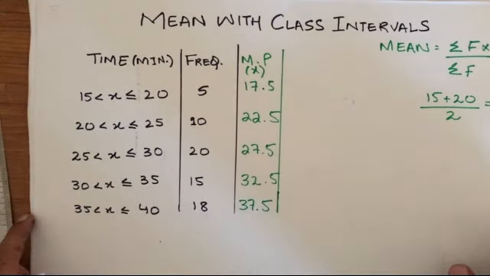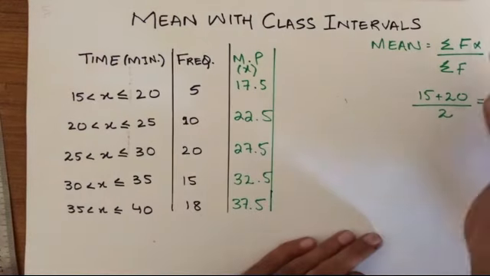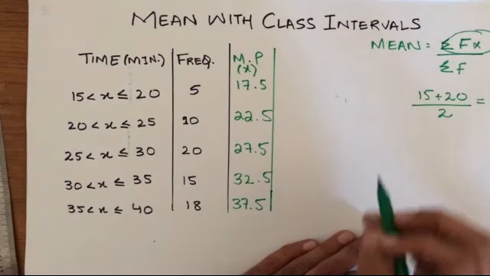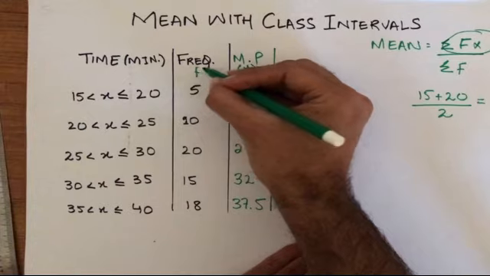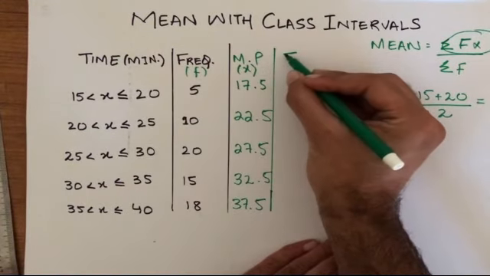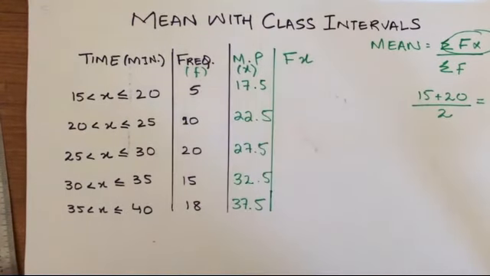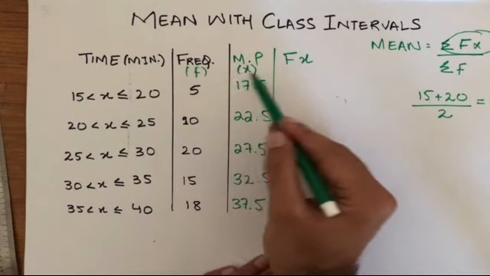So moving on, you need to have this f and x. This is your f and this is your x. So you'll again create a column that is the product of f and x.